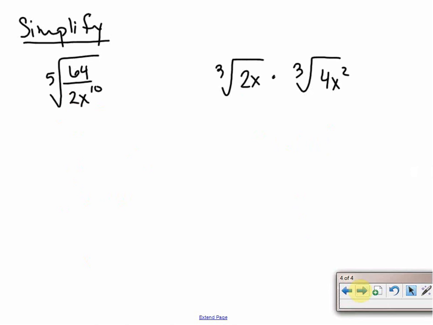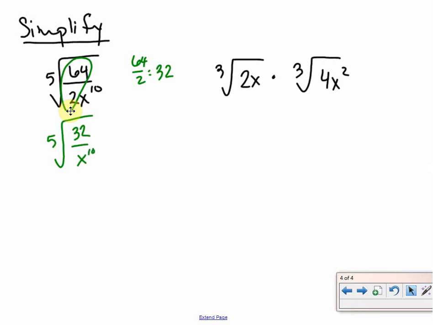And lastly, I have 64 over 2x to the 10th, and that's all being taken the 5th root of. Because I can divide the 64 and this 2, I should do that first. 64 over 2 is 32. So I can rewrite this as the 5th root of 32 over x to the 10th.